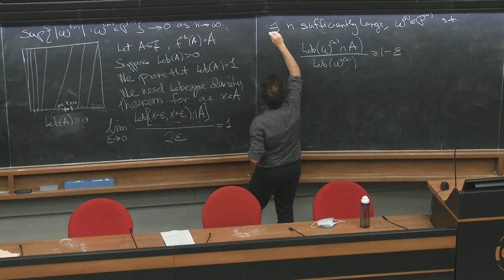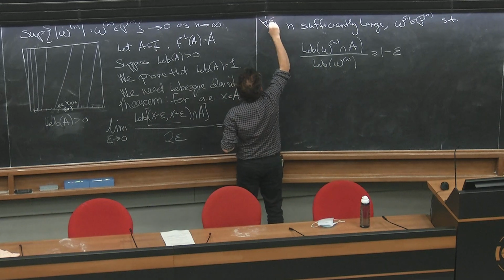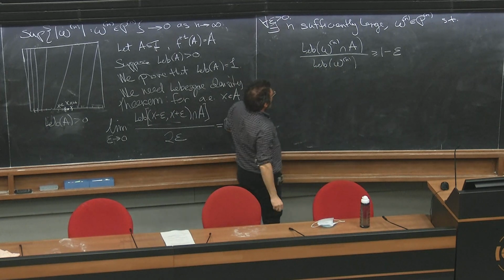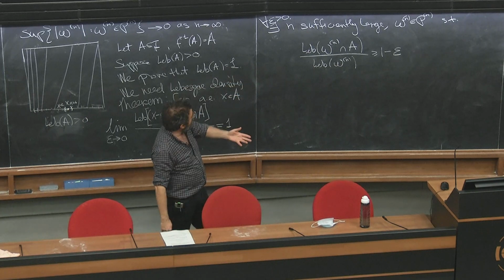So maybe I should write, for all epsilon, I can find n sufficiently large.